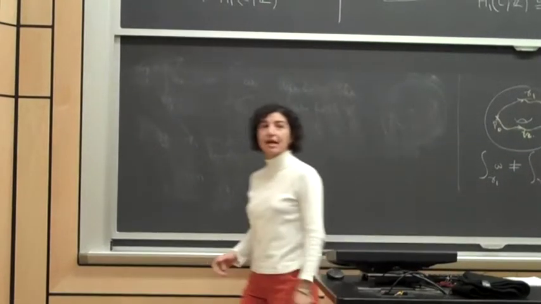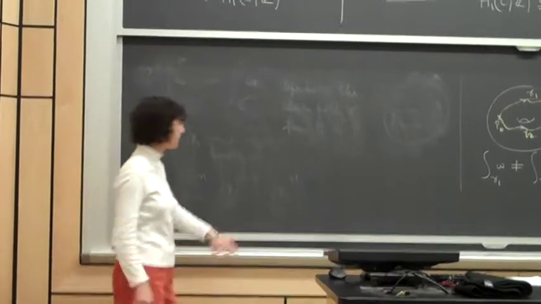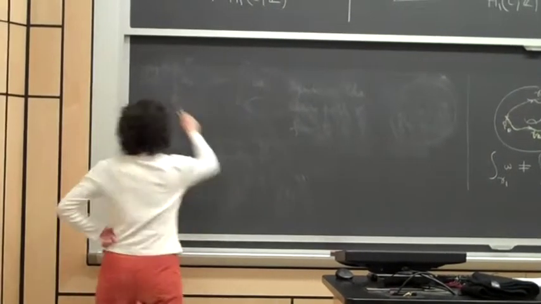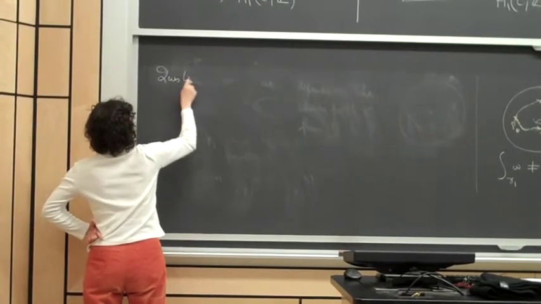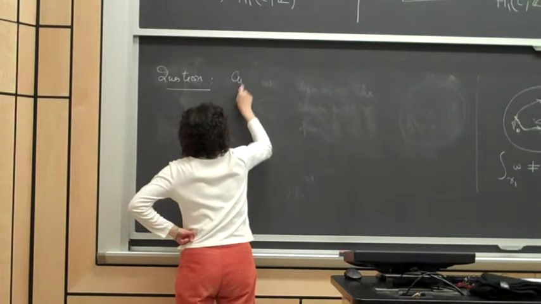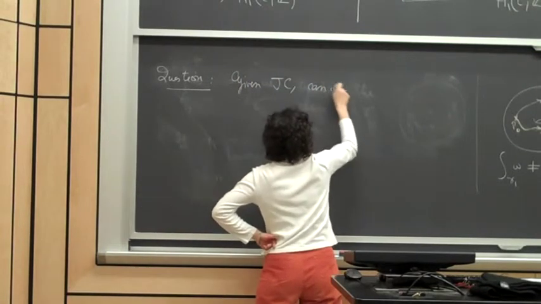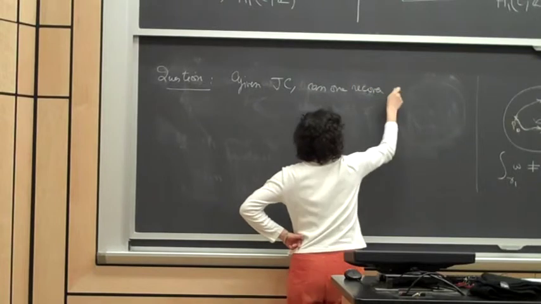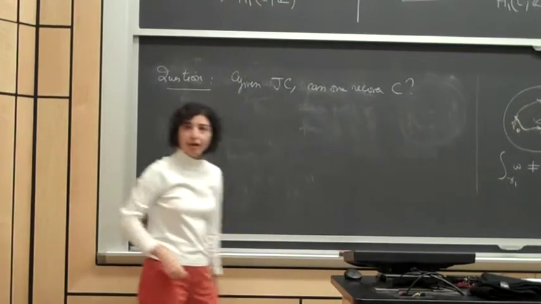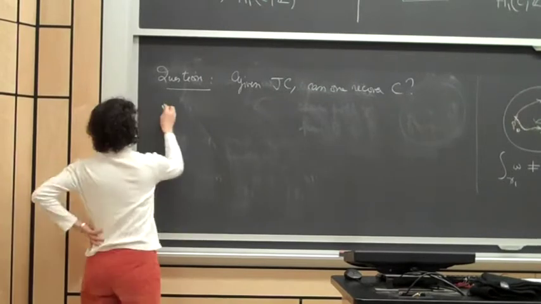And the answer is yes, and that's the classical Torelli problem, the Torelli theorem. Okay? So, question: given JC, can one recover C? Okay? And the answer is yes.